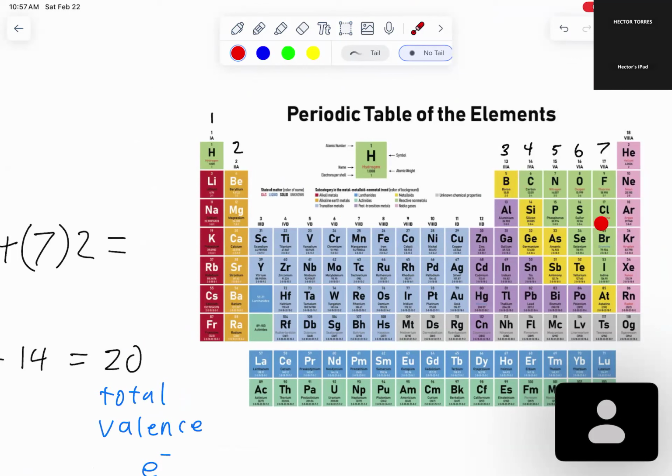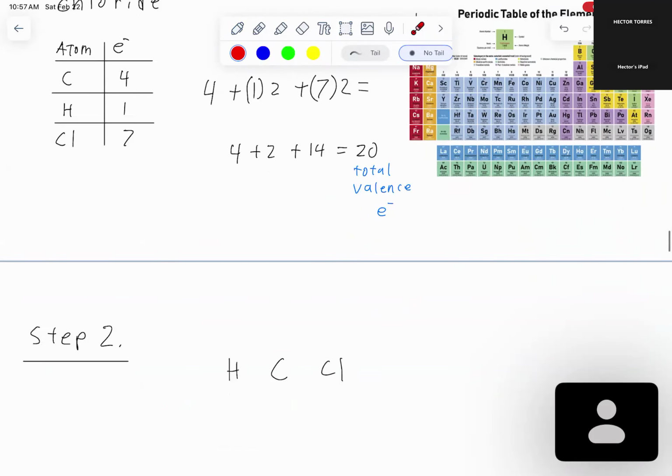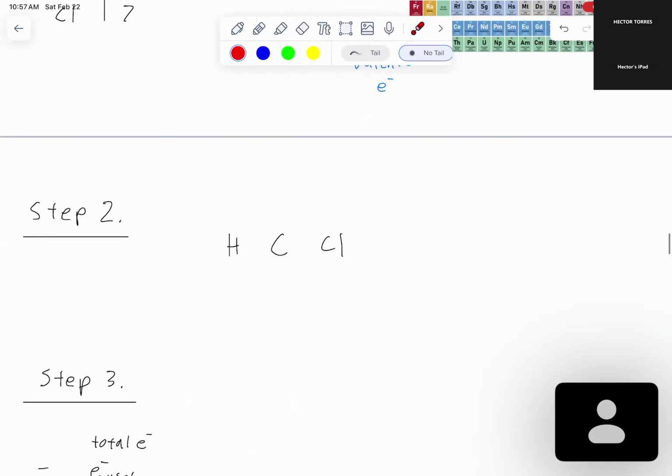Chlorine's going to be the most electronegative, so it's not as likely to be the central atom. And then we think about carbon and hydrogen, and hydrogen can only make one bond because it only needs one electron to be stable. So carbon will most likely be in the middle because it can make the most bonds, and also it is less electronegative than chlorine.